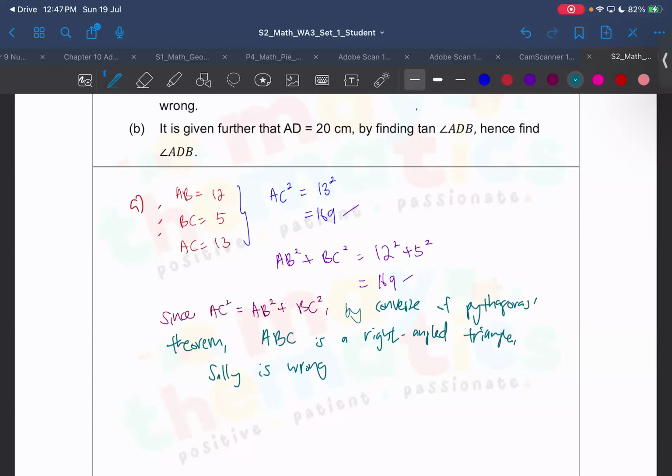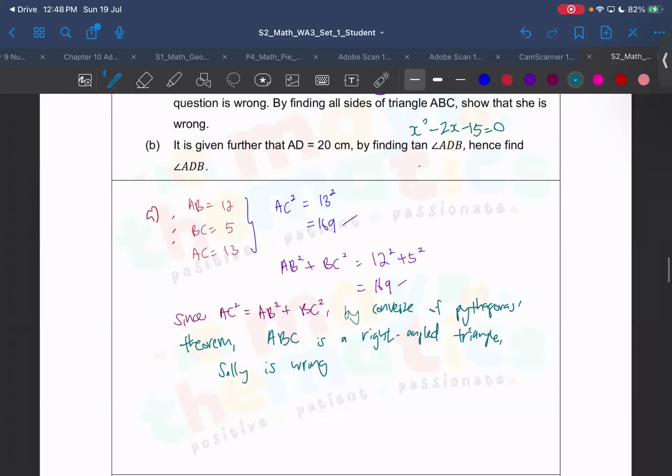Yeah, it's a quadratic, this one: x squared minus 2x minus 15. Check again, I think your sign. Yeah, okay, so should be getting x equals 5 or x equals -3. Then you reject.